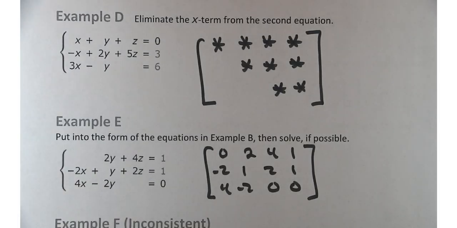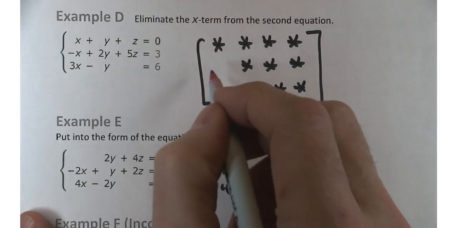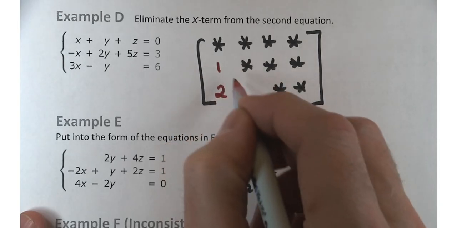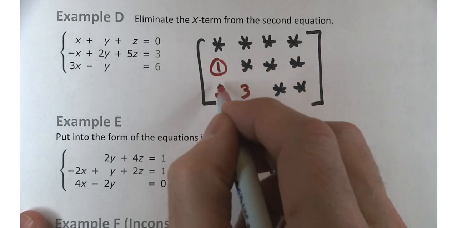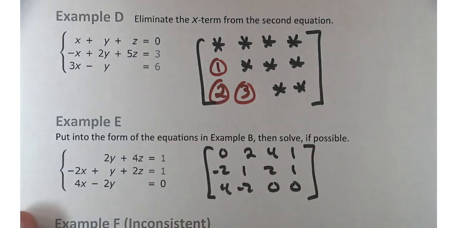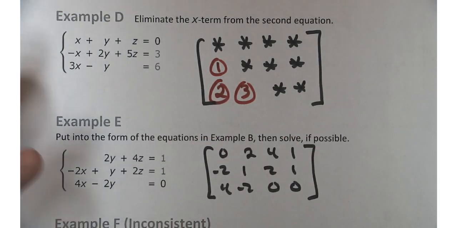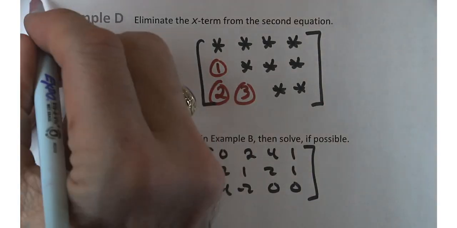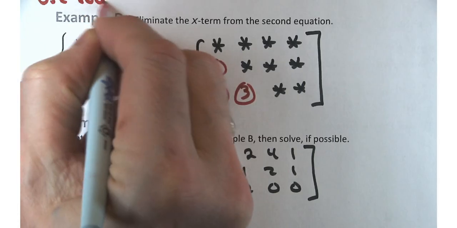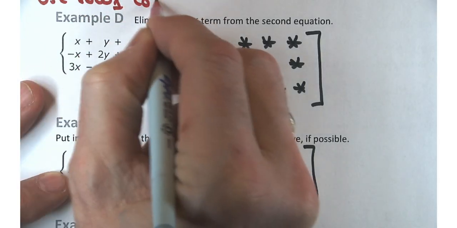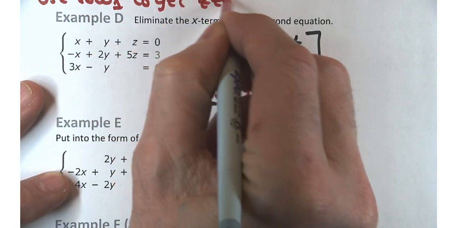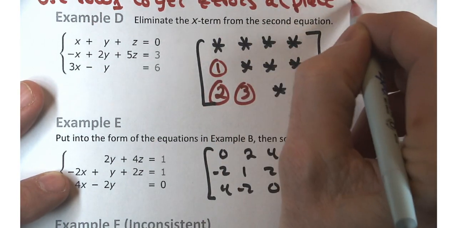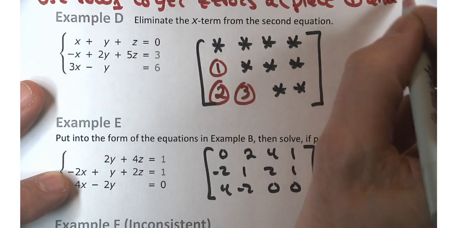Now, let me make a suggestion. You want to get zeros in this order. You want this one to be a 0, this one to be 0, and then this one. So 1, 2, and then 3. So use row 1 to get zeros in places 1 and 2.